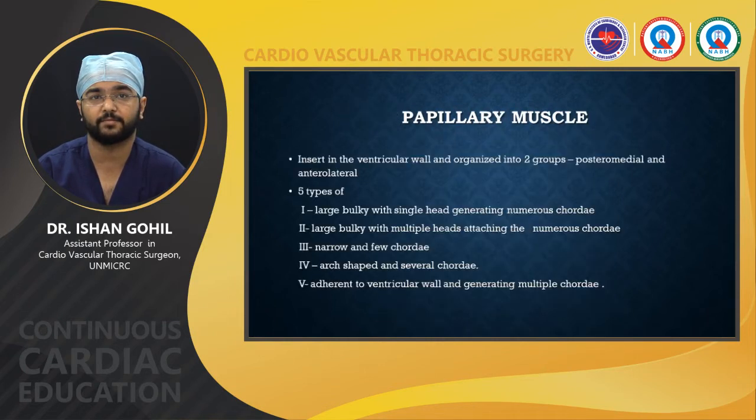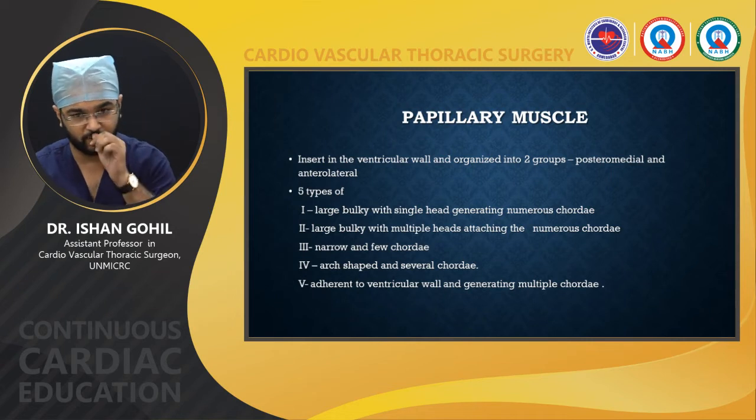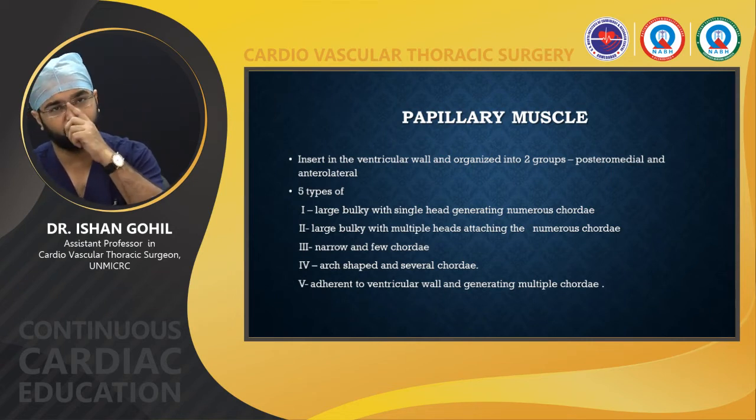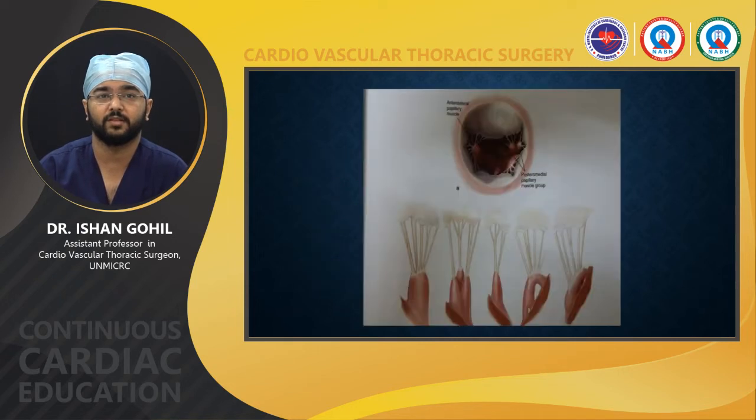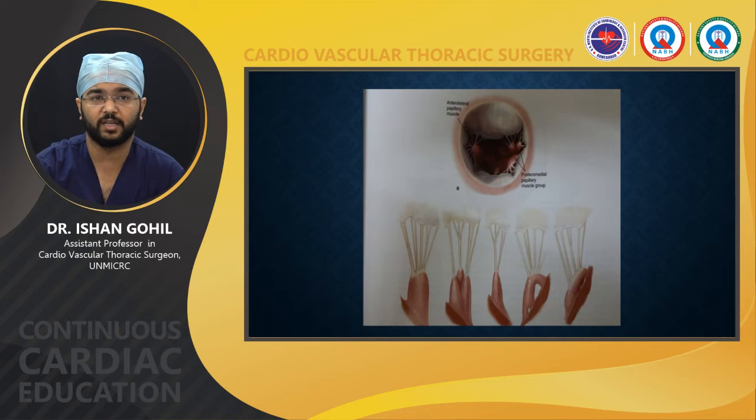So firstly, the papillary muscles. There are basically two groups of papillary muscles, called the posteromedial and the anterolateral group. Morphologically there are five types of papillary muscles. First is the large bulky papillary muscle with multiple chordae attached to it, but there is a single head of papillary muscle.